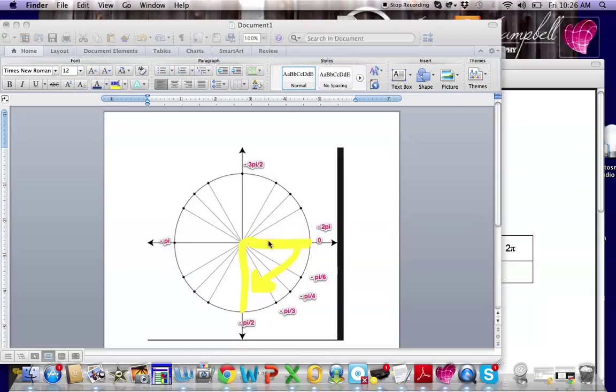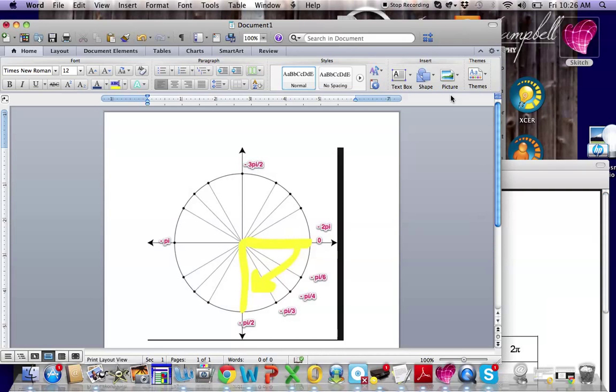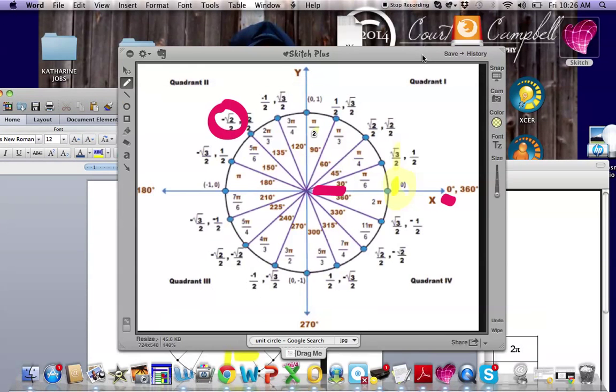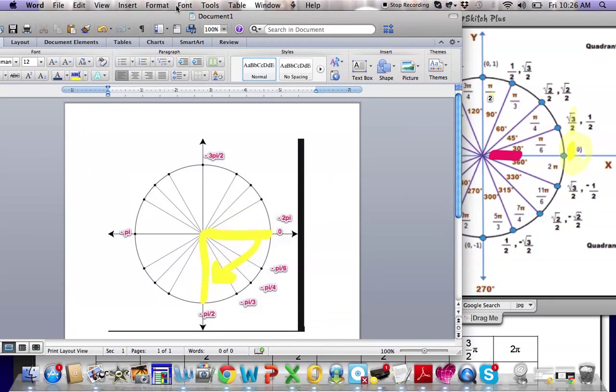So, like this angle that I drew here is negative pi over 2, or negative 90 degrees. But you'll notice it's in the same location as 270, okay? Or negative 3 pi over 2.